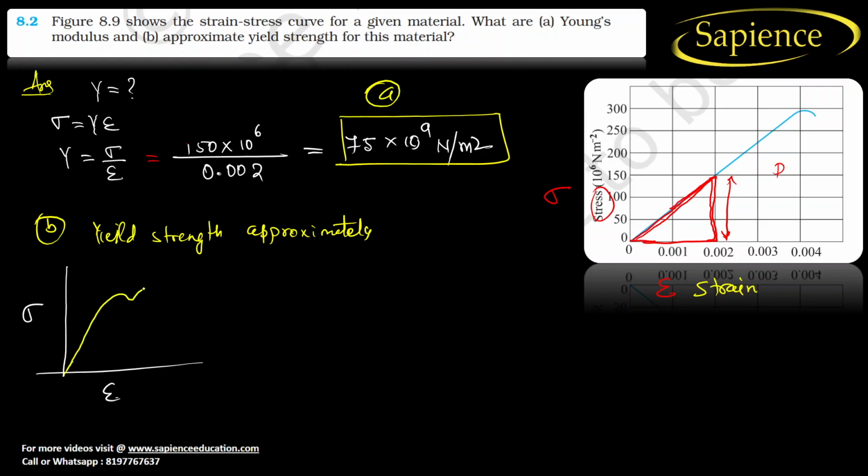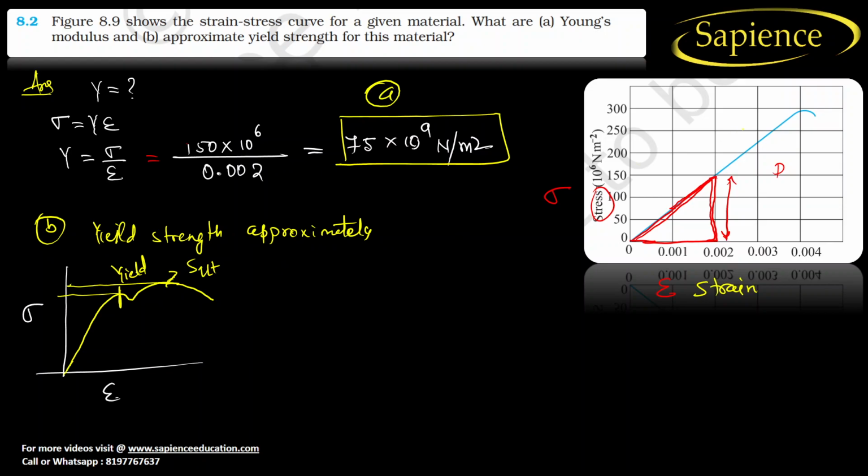See here, this is the yield point, and this is the ultimate point, the ultimate strength. The stress corresponding to the yield point is known as the yield strength, and the stress corresponding to this point is known as the ultimate strength.